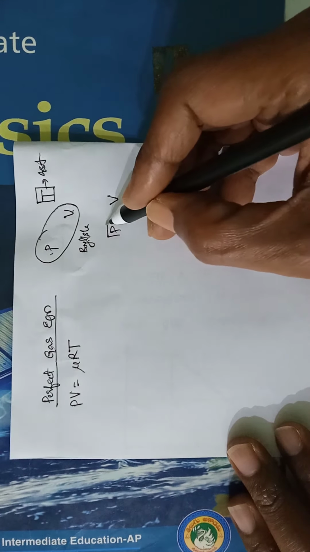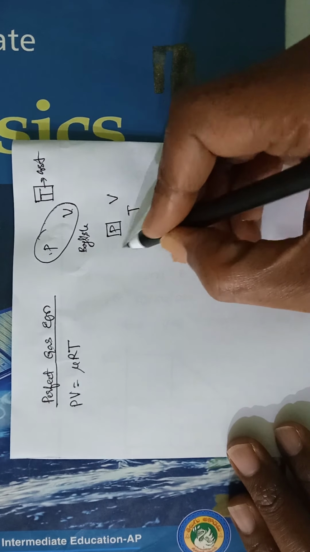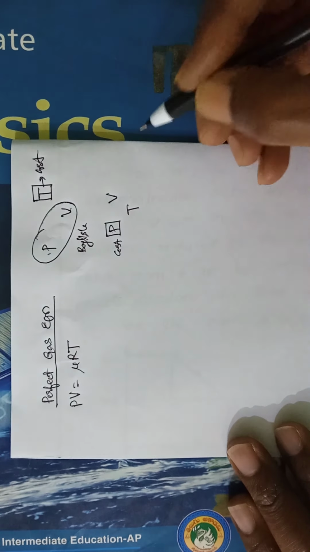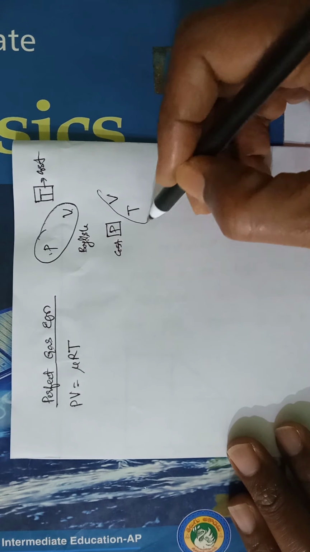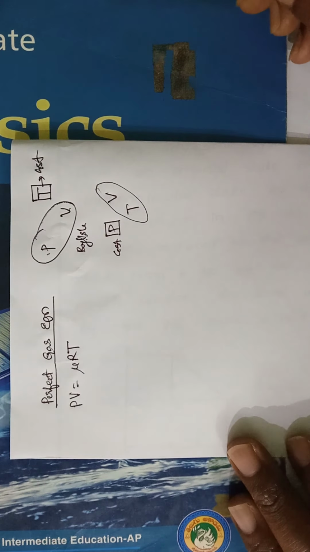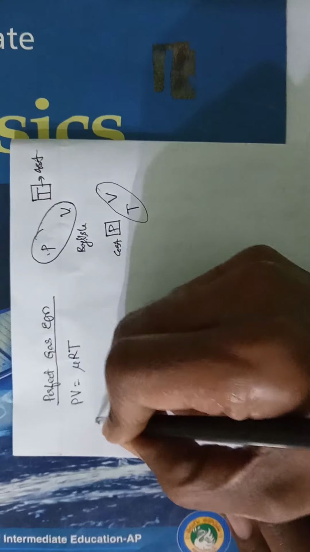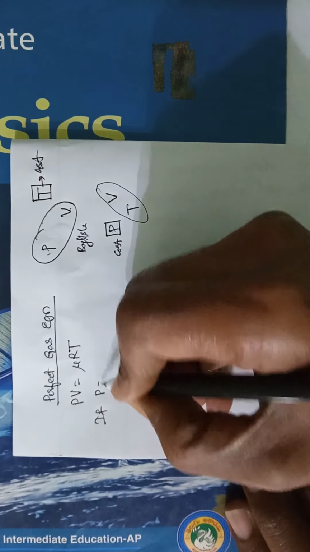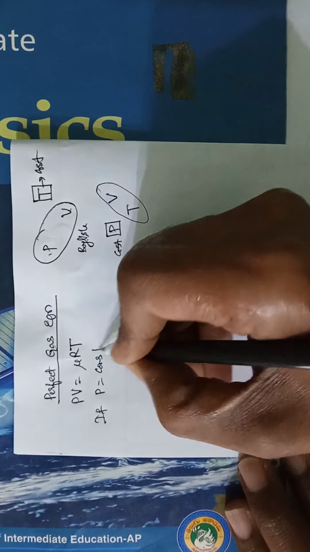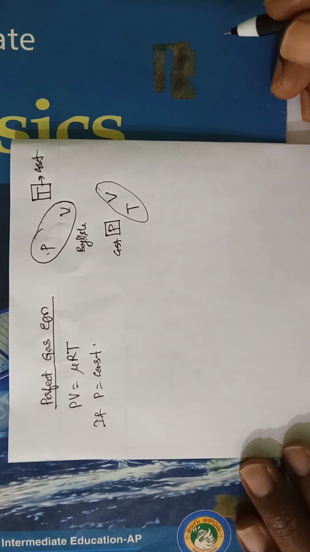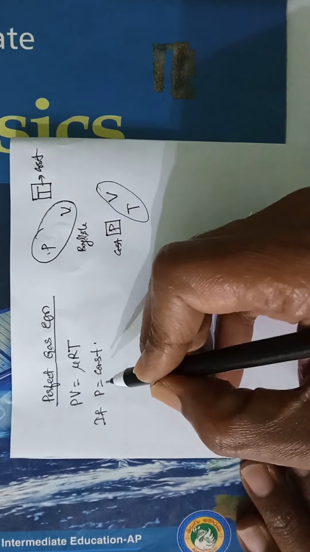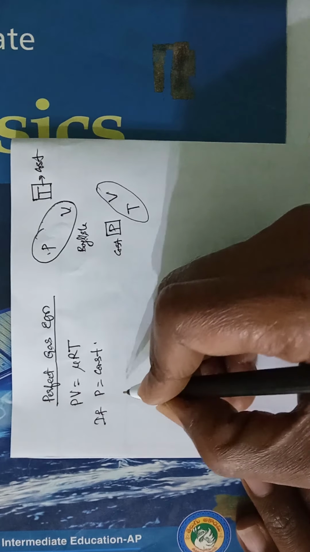Now let us keep P constant and let us study the relationship between V and T. So if P is held constant, let us move P to the right hand side.